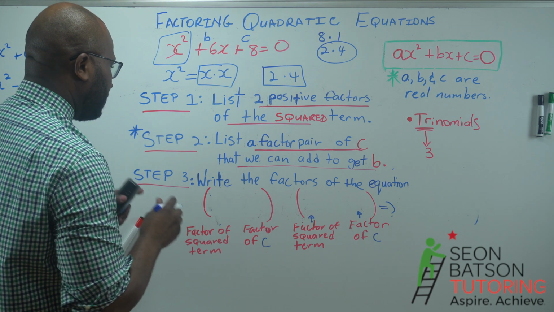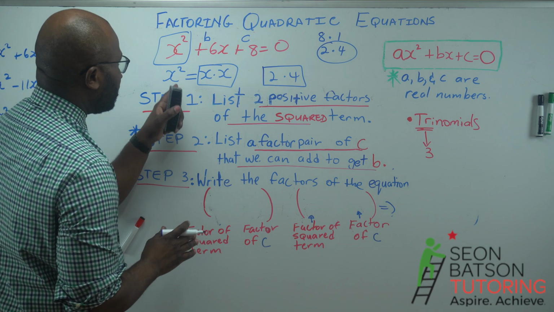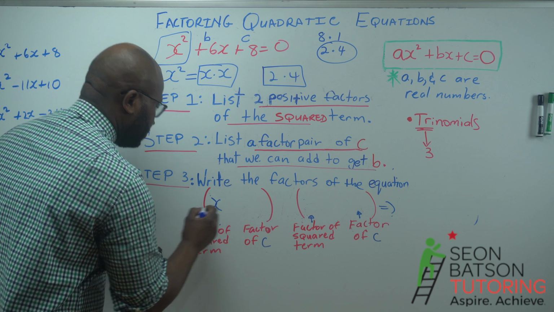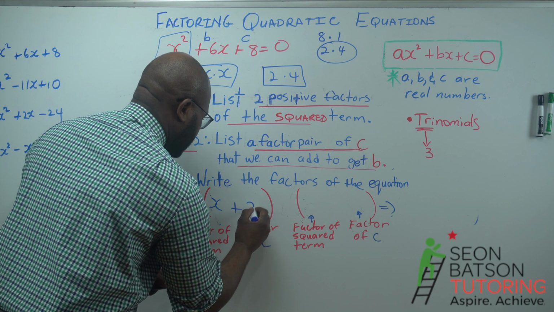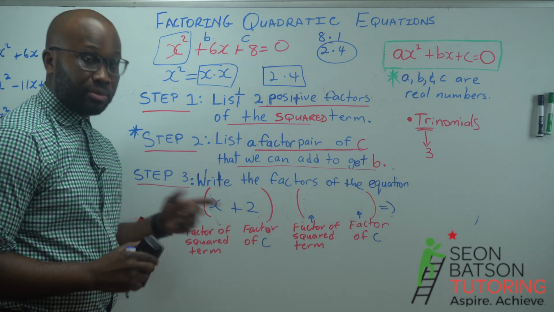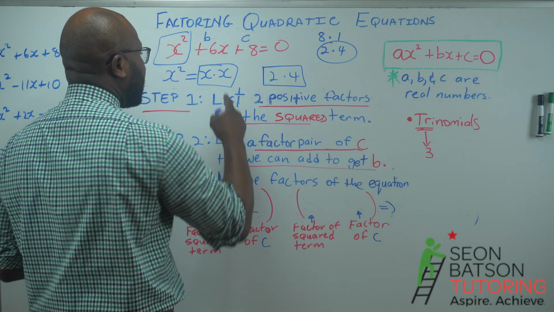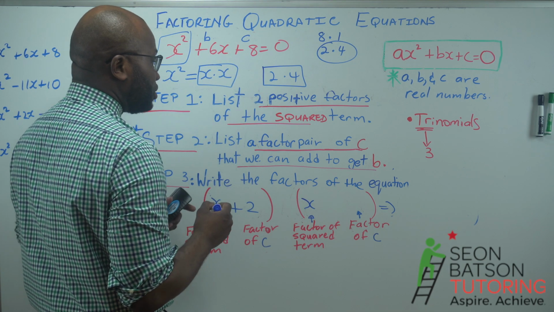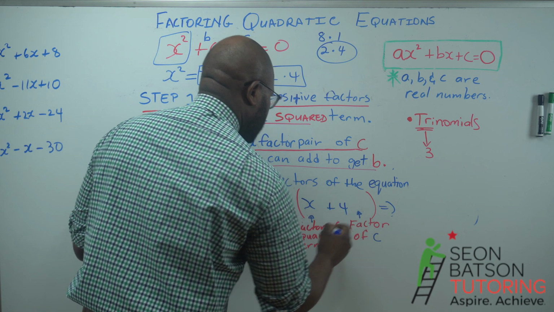Now, for step 3, to factor the equation, we will use the first factor of the squared term and the first factor of positive 8. So we have our first factor of the equation, x and positive 2, or x plus 2. Now, for the second factor of the equation, we will use the second factor of the squared term, which is the second x, and we will use the second factor of positive 8, which is positive 4.